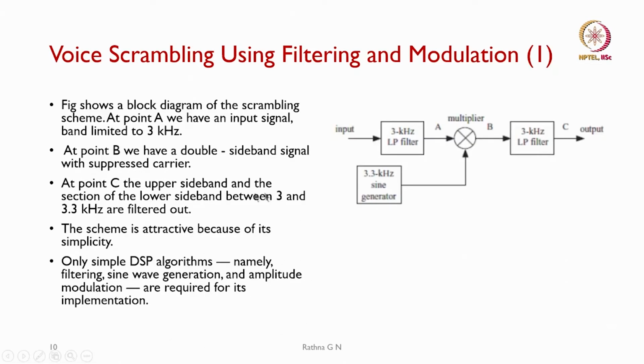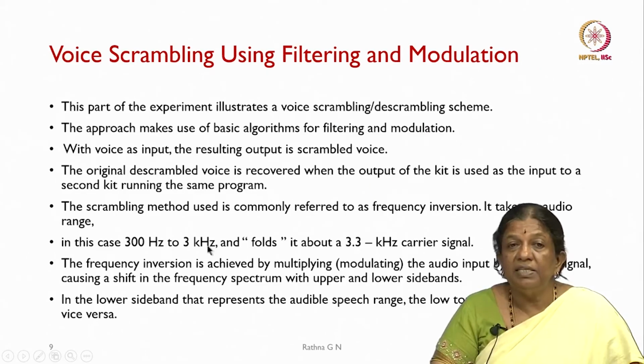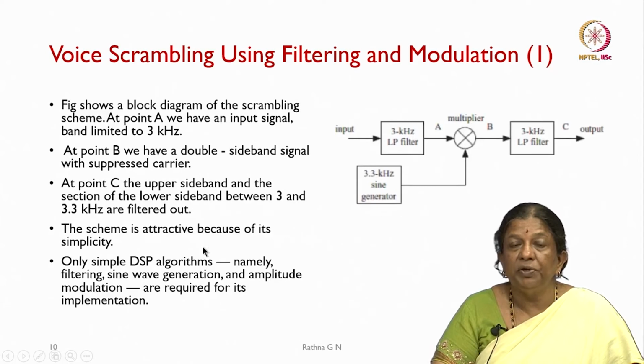As an example, how it is going to be done is shown in the figure. I have taken an audio input, or a speech signal, which is sampled at 8 kilohertz, and the band between 300 hertz and 3 kilohertz is our speech signal which is going to come.